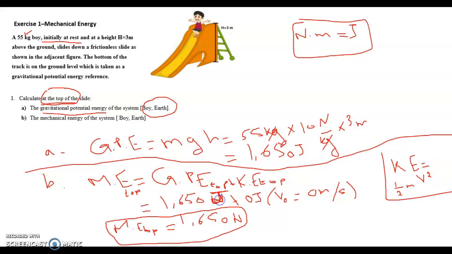And kinetic energy is 0 joule because he started moving from rest. The initial speed is 0 meter per second, and we know that kinetic energy is half times mass times v squared. So if v is 0, then the whole product will be 0. And thus the mechanical energy at the top is equal to 1650 joules. Not in Newton. Newton is the unit of force.